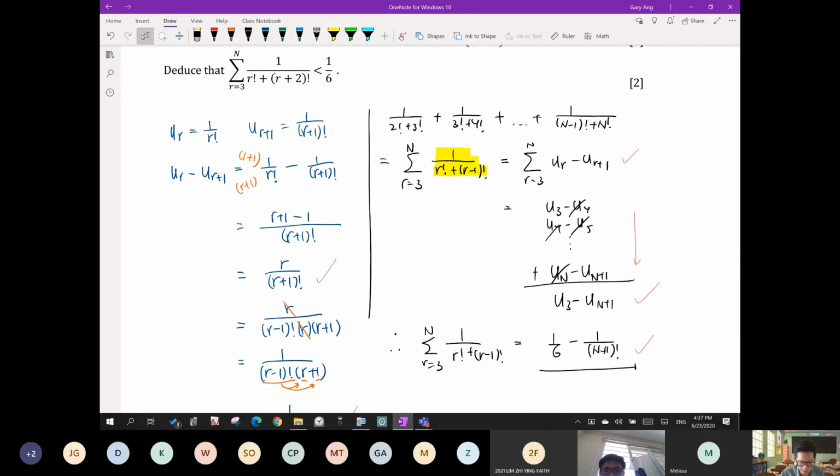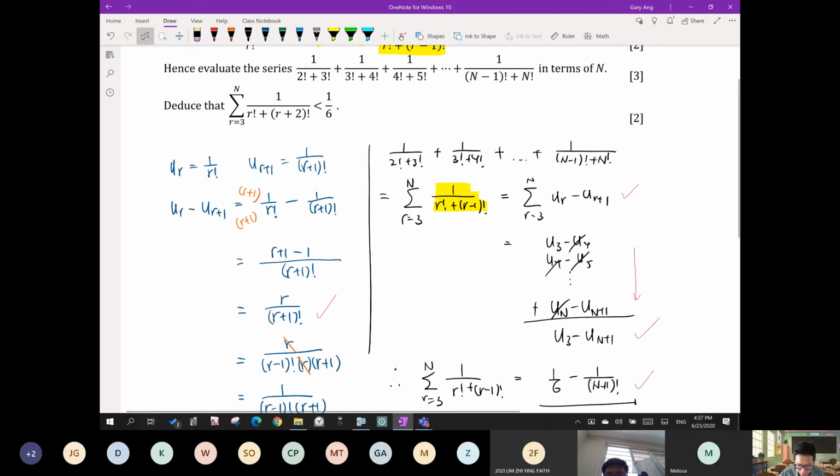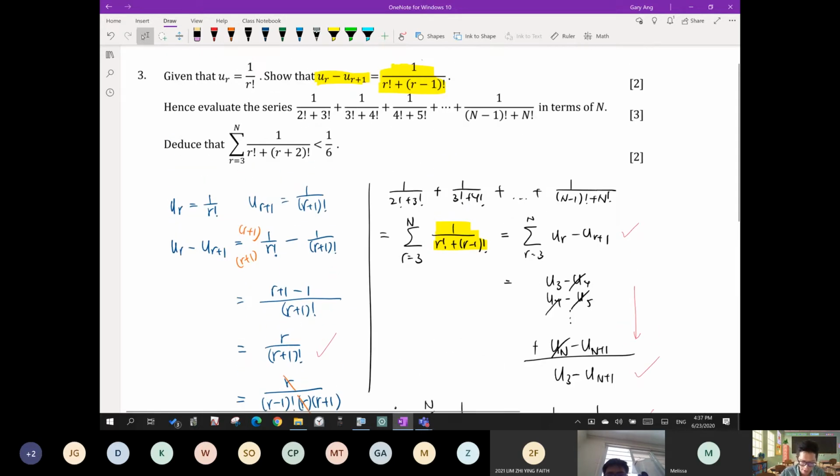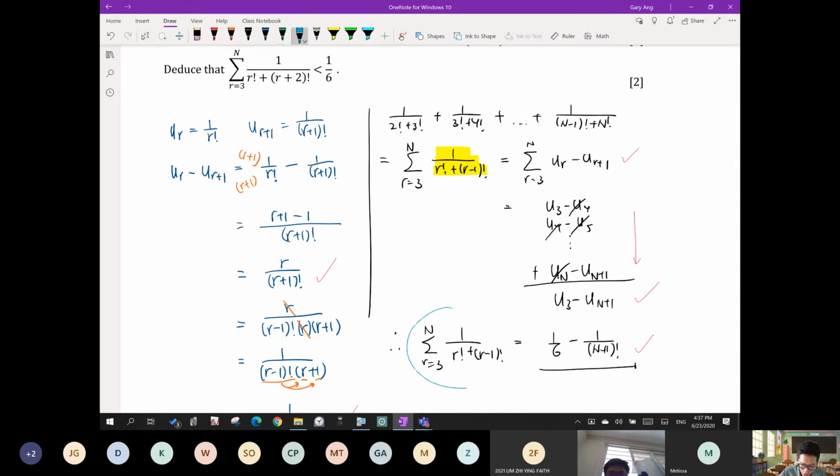Deduce that this is less than 1/6. Okay, how do you deduce this? Now, some of you may say, Mr. Hold on, I know. Look at this. Didn't I just show that this is equal to this? Yes, you did. So if this sum is equal to 1/6 minus this, and this is confirmed a positive number, correct?